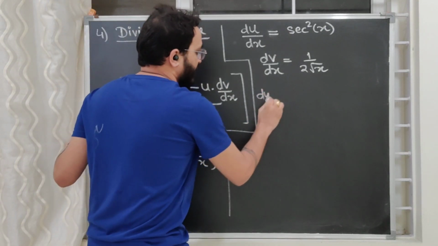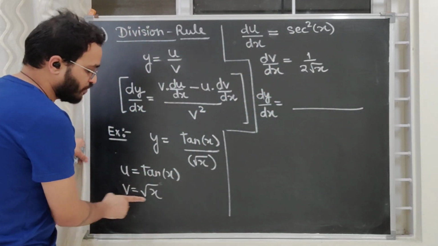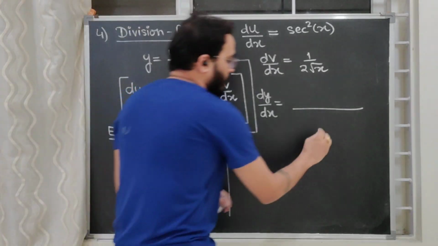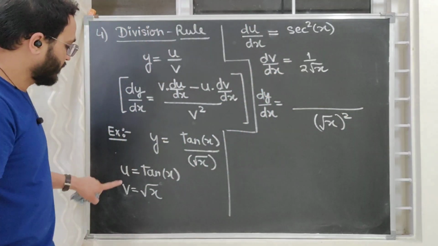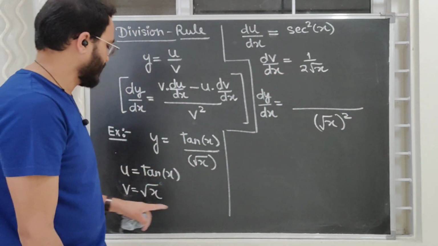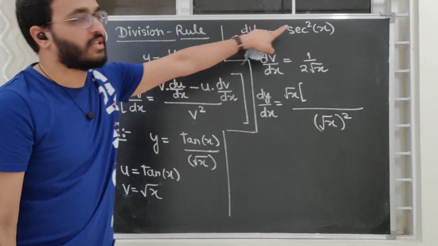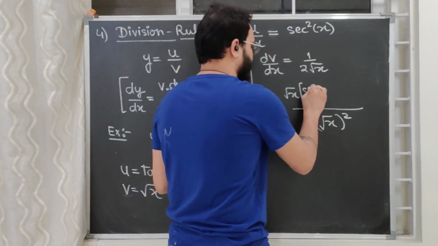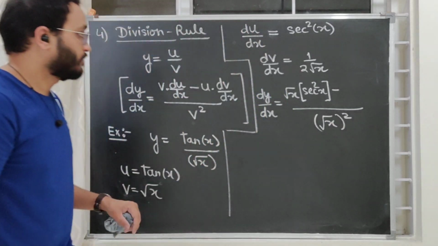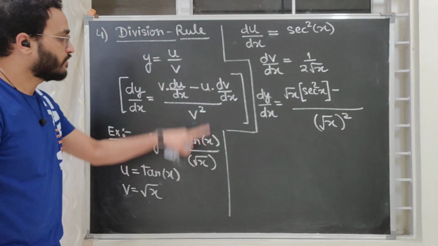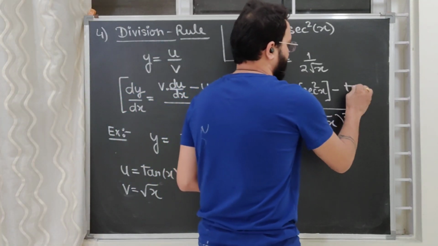So dy by dx will be equal to, now what is v? v is root x, so here we will put v square. v square means root x whole square. Now v du by dx, what is v? Root x. du by dx is how much? Sec square x, minus, now u dv by dx, what is u? You will say, sir, u is tan x.